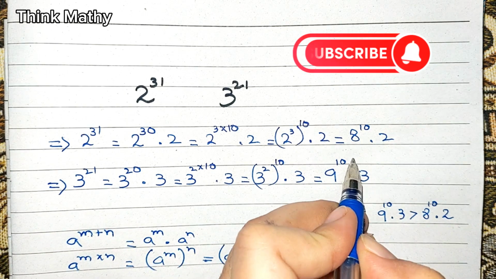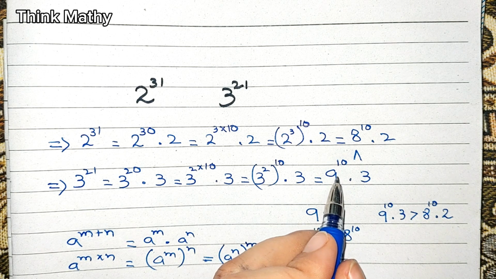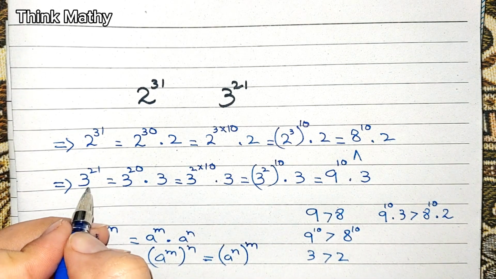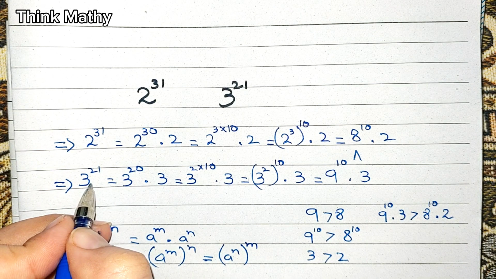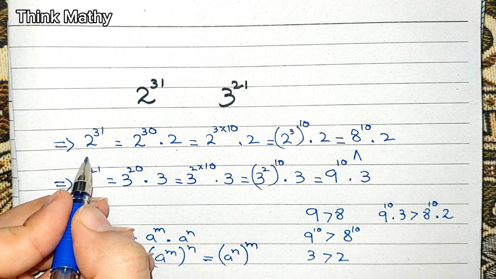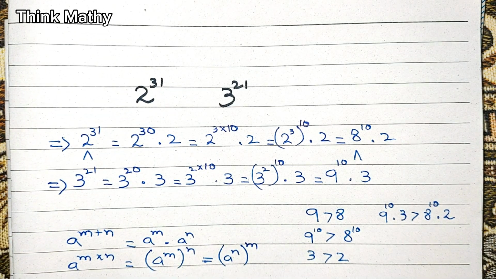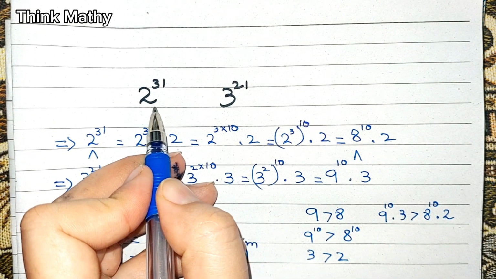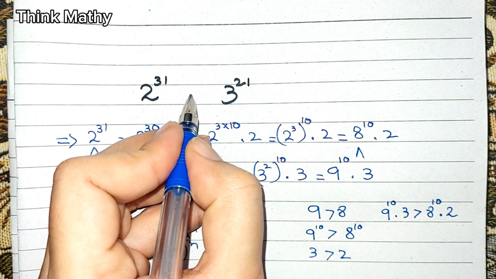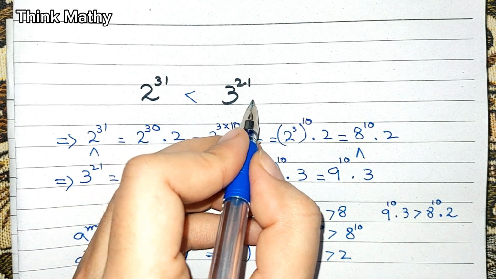But what is 9 to the power 10 times 3? This is actually 3 to the power 21. So we can say that 3 to the power 21 is greater than 2 to the power 31, that is, 2 to the power 31 is less than 3 to the power 21.